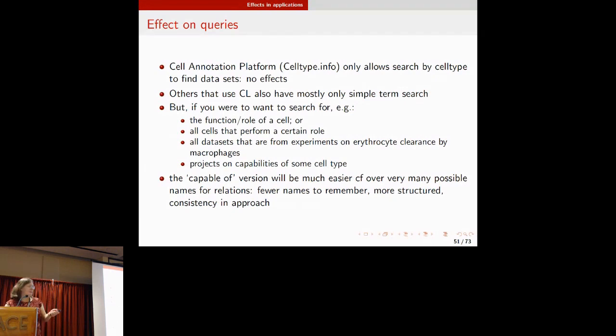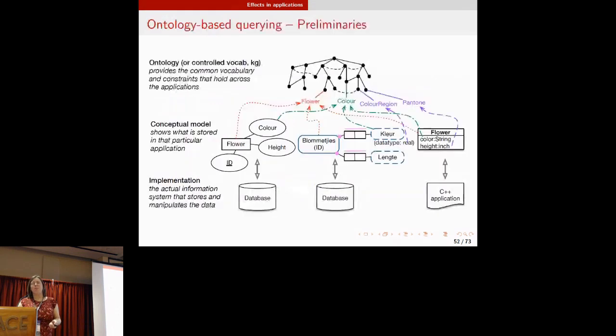And in this case, this approach which they're capable of is much easier than if you were to have this abundance of relations. Because if you're an intermittent user, you will not know all of those relations. You do not know what to ask for. Whereas one simple capable of is easy to manage and easy to handle. So in that sense, it would actually be easier to work with.